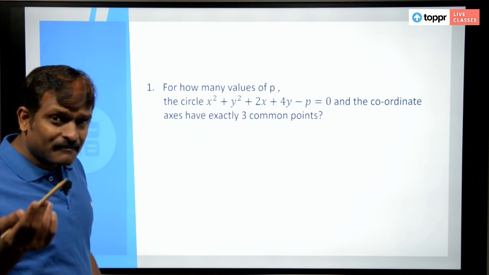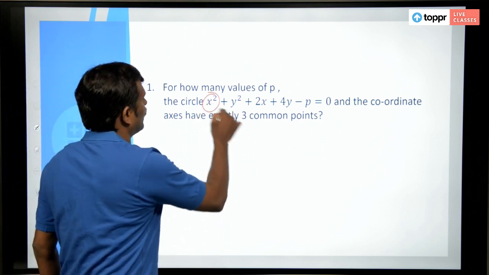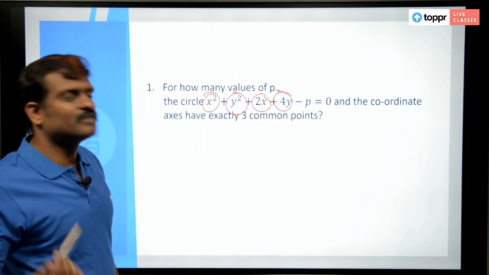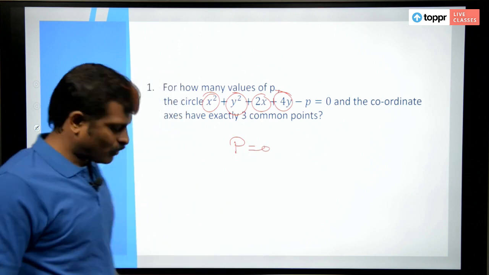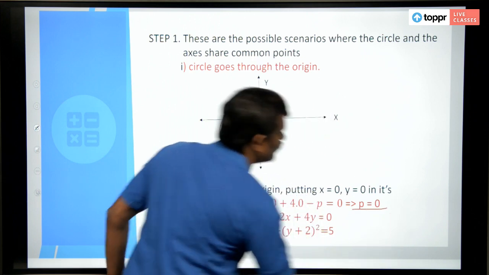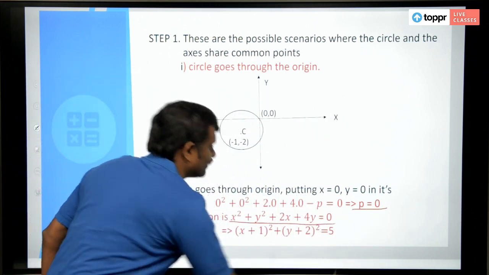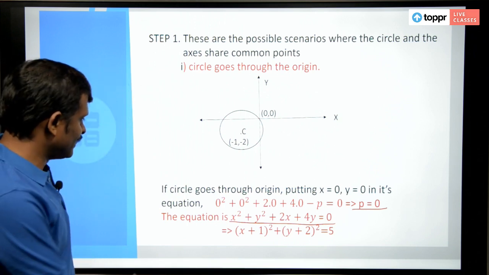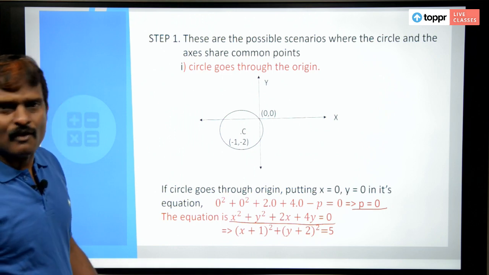If it is passing through the origin, the x and y values become 0, so all these terms go to 0. So, what will you get? The value of p is 0, that is one possible value, right. My equation here becomes x plus 1 whole square plus y plus 2 whole square is equal to 5.